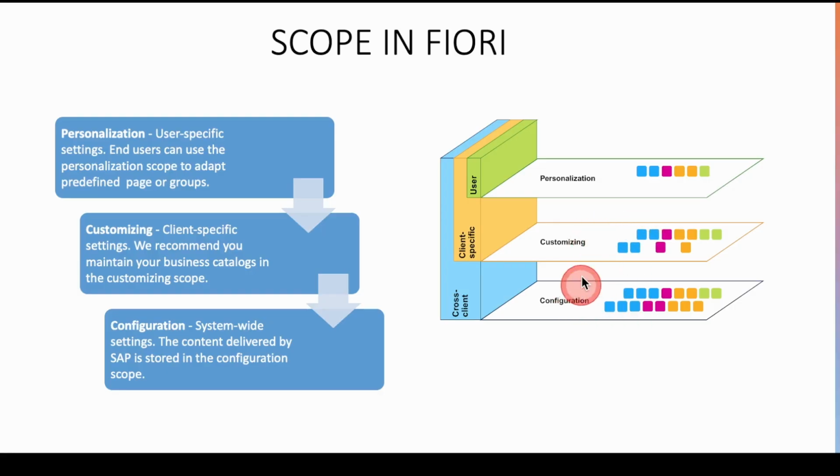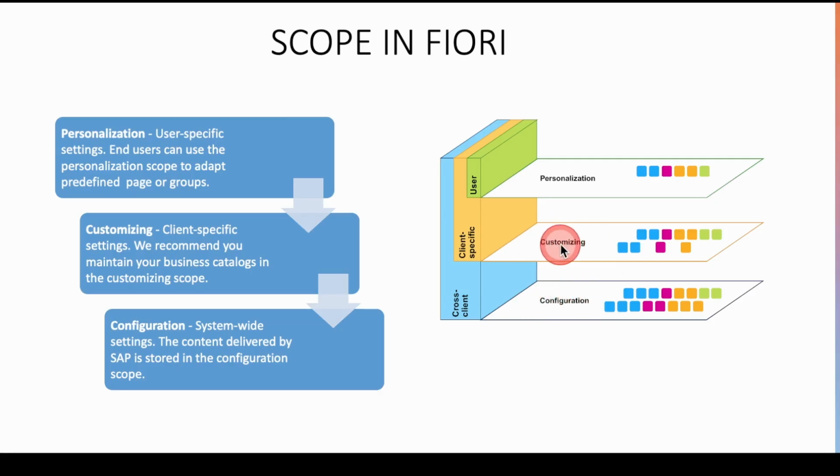Whereas if you actually go in and remove certain tiles from the SAP delivered catalog, that is going to mean that the standard content delivered by SAP will be lost forever. There will be no way to recover it. Whereas if you make any changes in customization scope and you make any mistakes, there will always be a chance that you can go back and copy the original content from SAP and then start again.